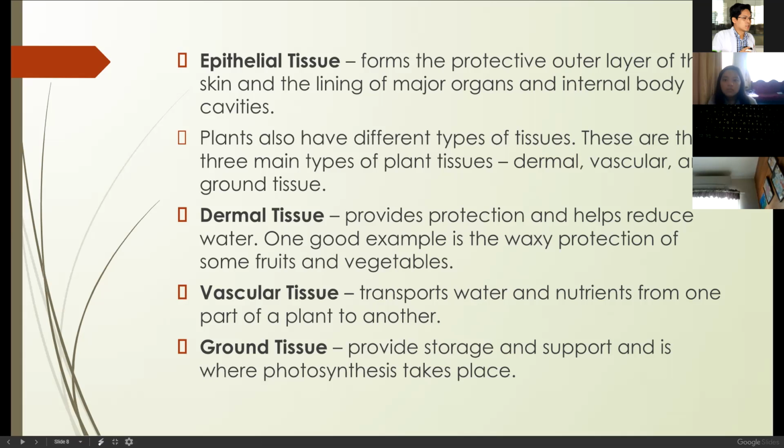So how does the water from the ground go up to the tip of your tree? This is because of your vascular tissues, which carry or transport water and nutrients.